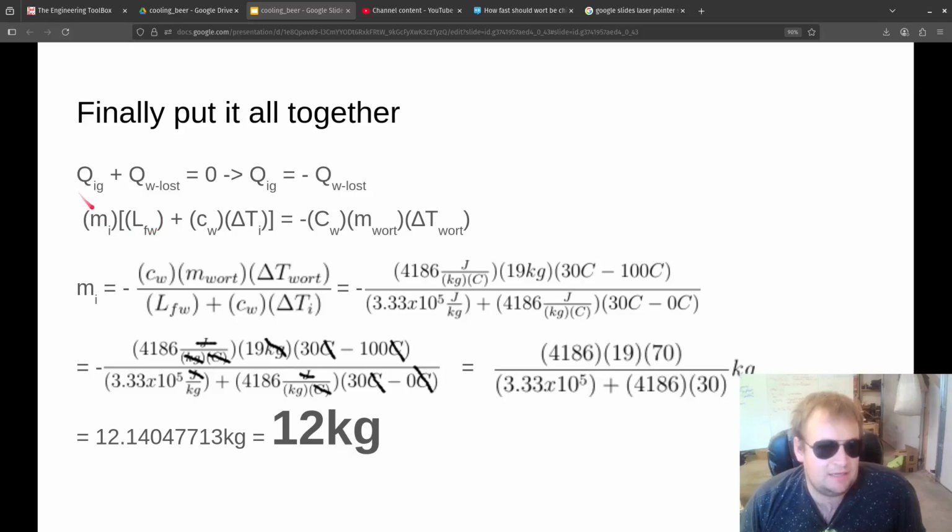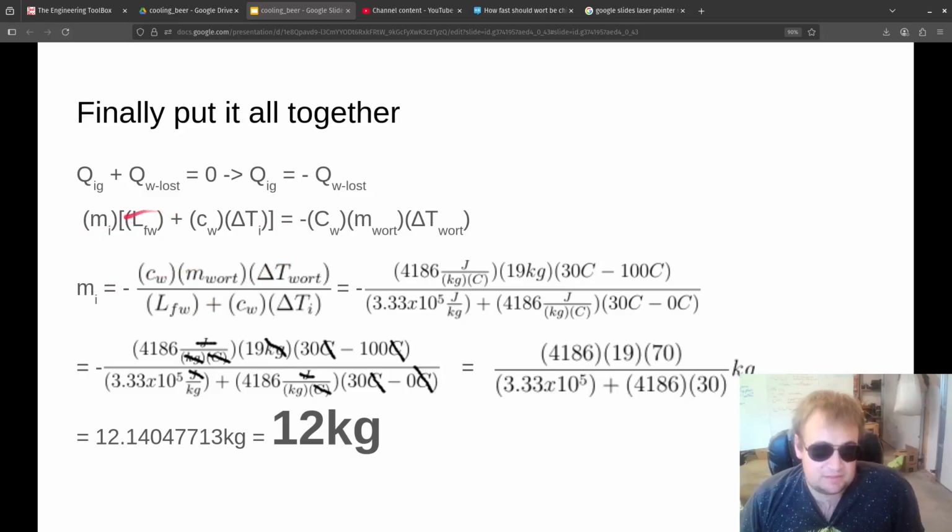For QIG, we have the mass of the ice multiplied by the bracket, so it's multiplied by everything here. Latent heat of fusion of water plus the specific heat of water times delta T of the ice equals the specific heat of water, mass of the wort, and the delta T of the wort. Again, this specific heat of water is from our first assumption.